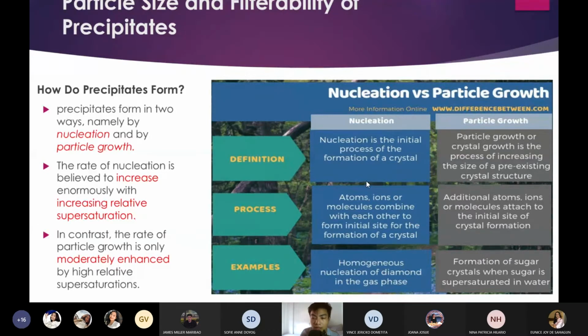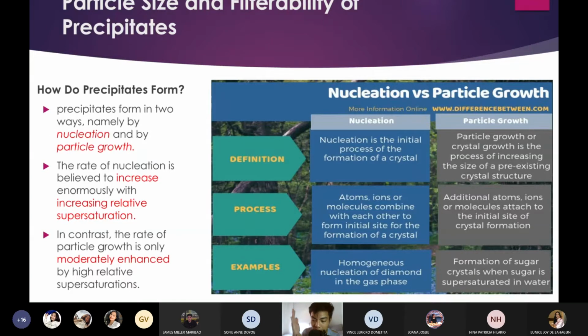Pero still the same ang concept nila. So they will lead to precipitate formation, no? So nucleation, again, it will start from a small particle and then eventually lalaki yon. Isang malaking chunk lang siya ng precipitate. For particle growth, kalat-kalat yung paglaki ng precipitates. So as a result, magiging brittle yung precipitate mo. So ano pa rin naman siya, solid pero brittle, no?